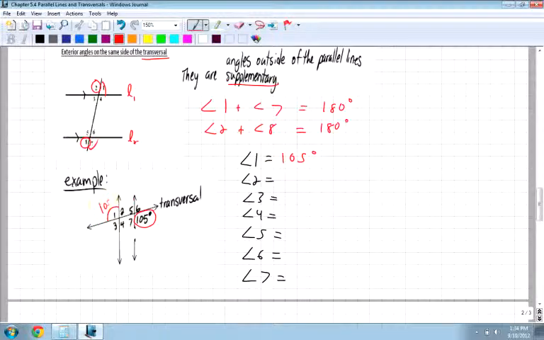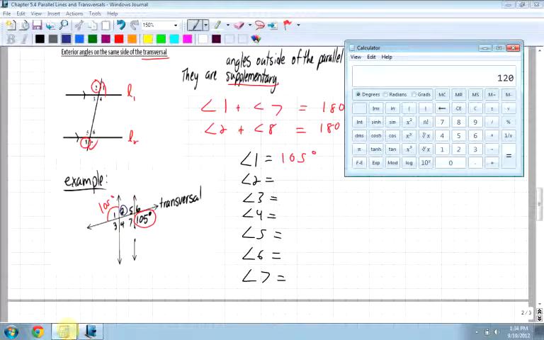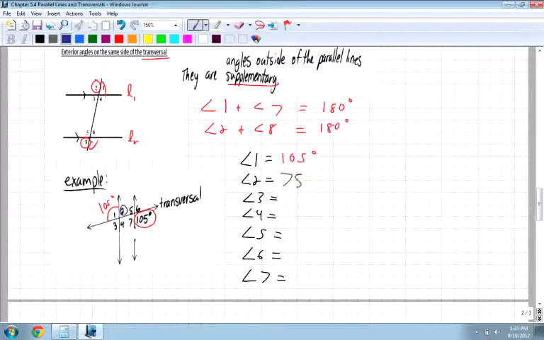So this one over here is 105 degrees. Next, let's go to angle 2. Well, angle 2 and angle 105 have to be supplementary because they're on a straight line. How many degrees are on a straight line? 180. So I have 180. I subtract off the one I know, which is 105, and I'm left with 75 degrees.